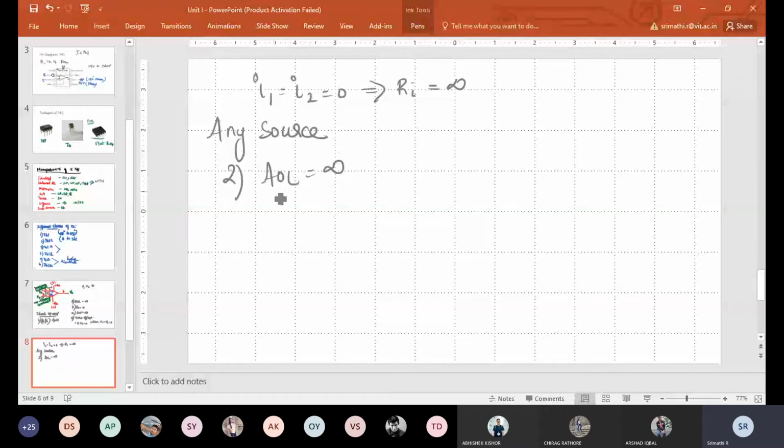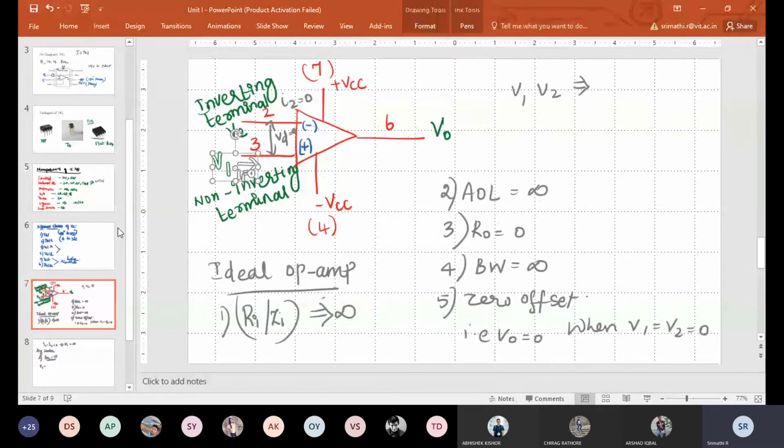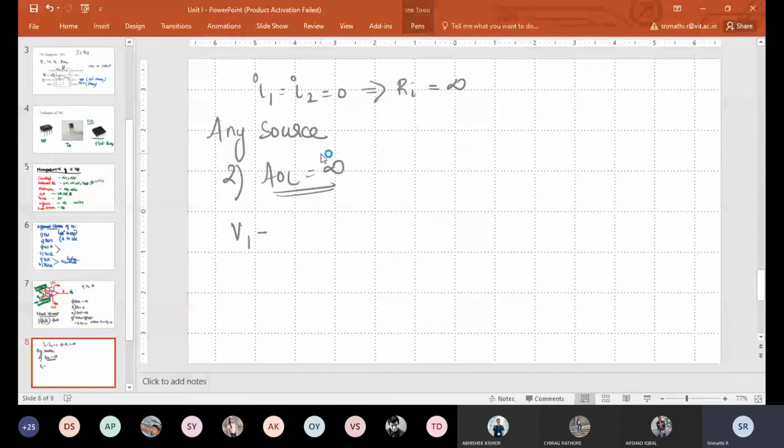Meaning V1 minus V2 is equal to 0, which is nothing but the difference in potential Vd.